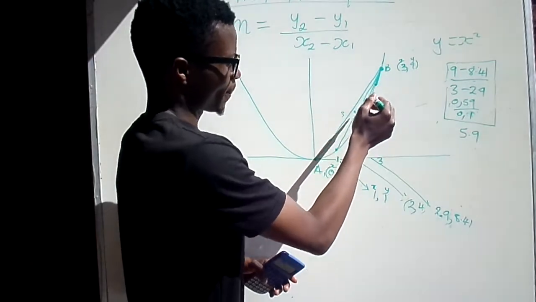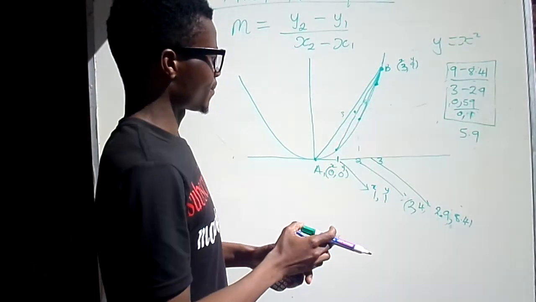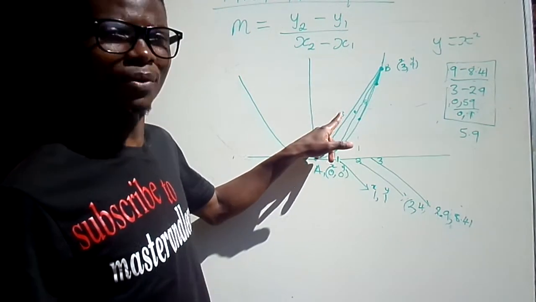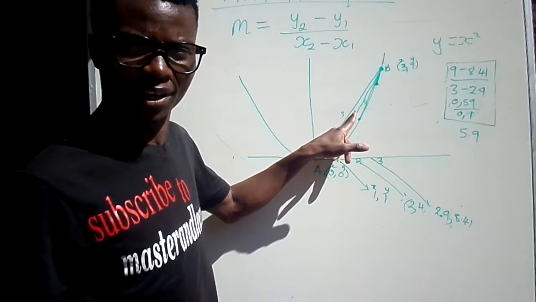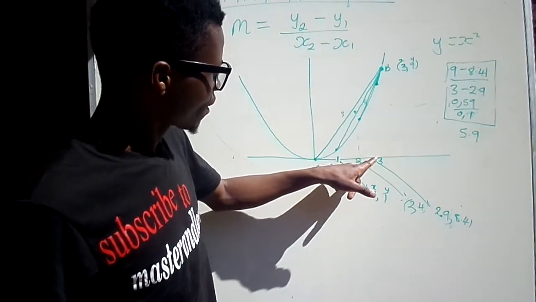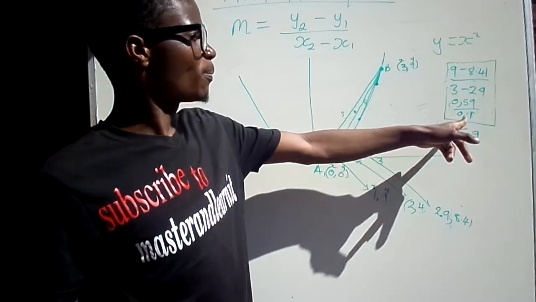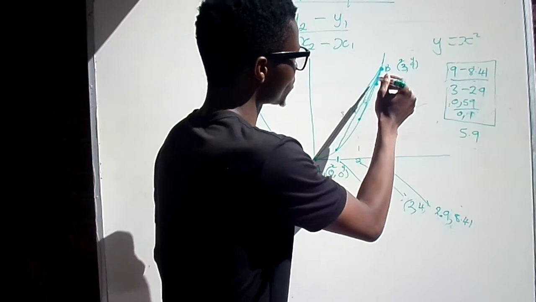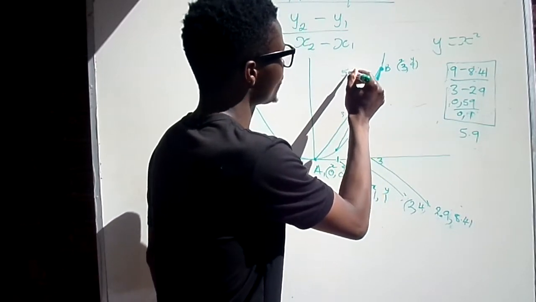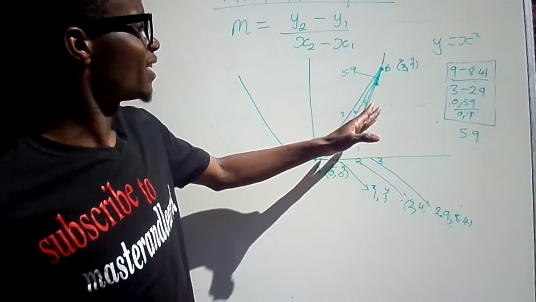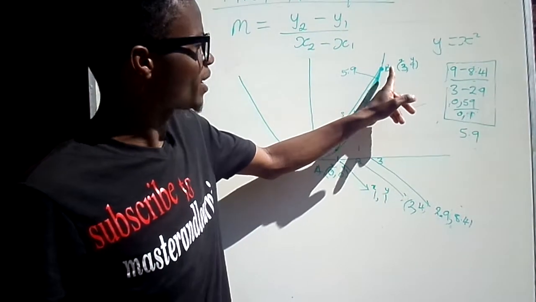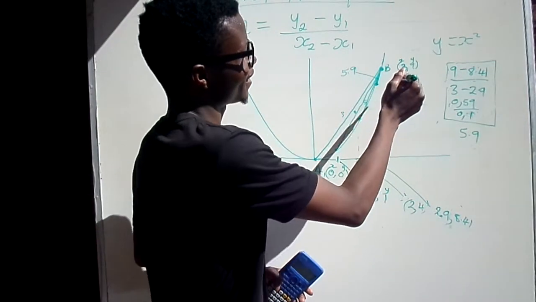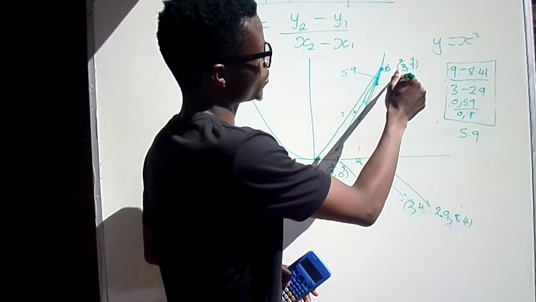As this point gets closer to point B, remember at point A we got a gradient of 3, at point 1 we got a gradient of 4, at the point closest to 3, which was 2.9, we got a gradient of 5.9. So we're having a gradient somewhere here of 5.9. What can we conclude? As we increase values to make it 2.999, this gradient is tending to be 6.